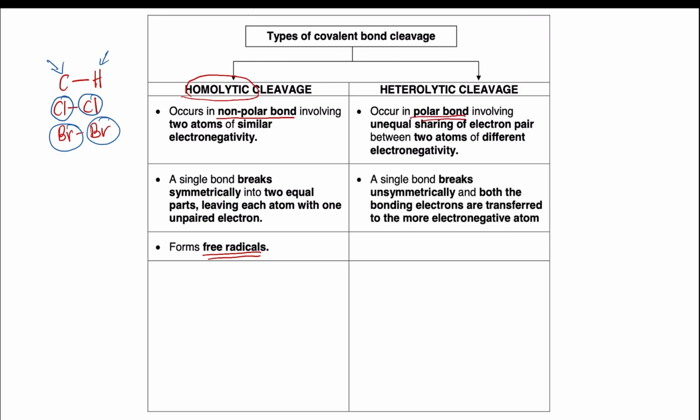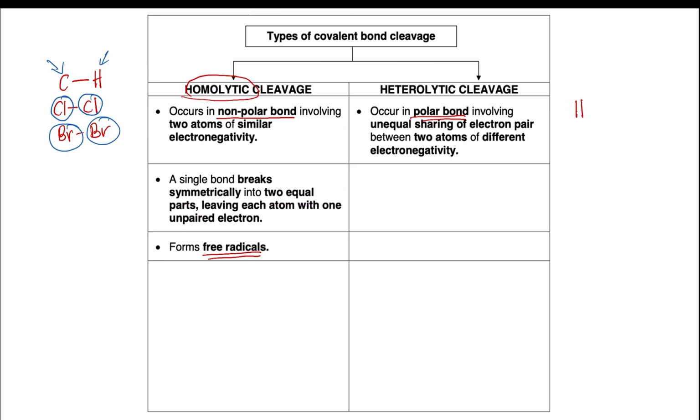Contohnya macam HCl. So ini kan kita tahu dia adalah polar bond. So heterolytic will always happen at a polar bond.